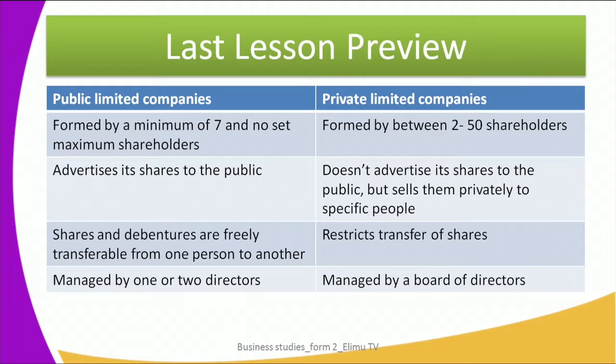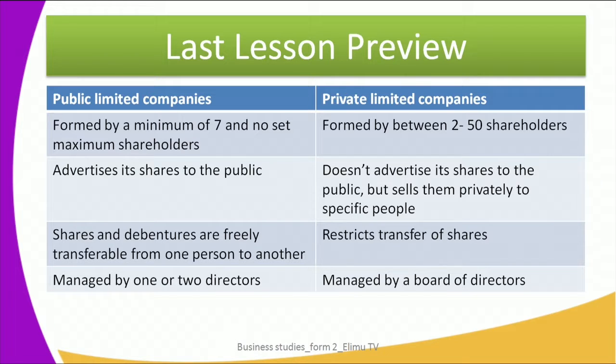Question number 1, you are supposed to give the differences between public limited companies and private limited companies. You're supposed to distinguish the two. So I would expect you would have said the following points. Number 1, you'd say that a public limited company is formed by a minimum of 7 shareholders and no set maximum.